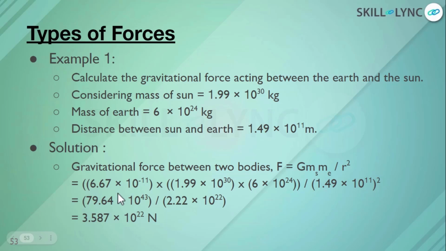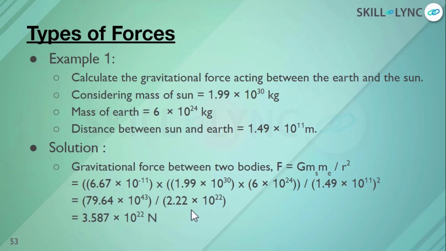On solving this equation, we get the numerator equal to 79.64 into 10 power 43 divided by 2.22 into 10 power 22.